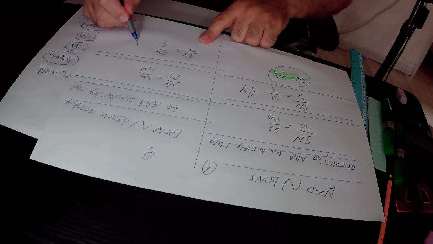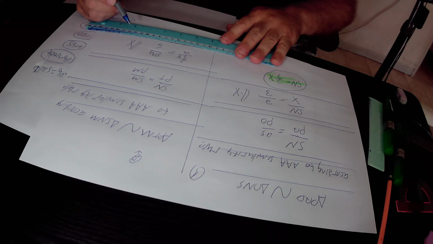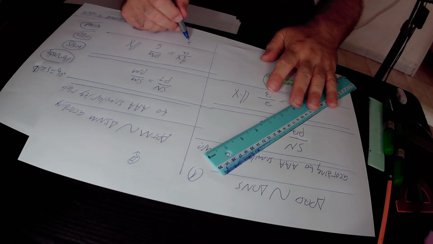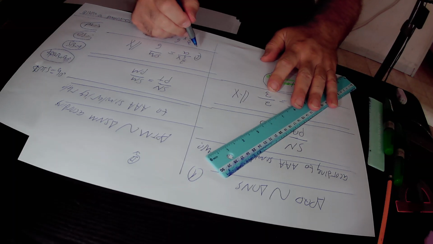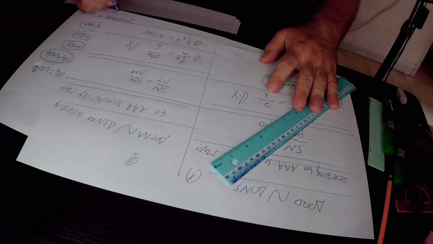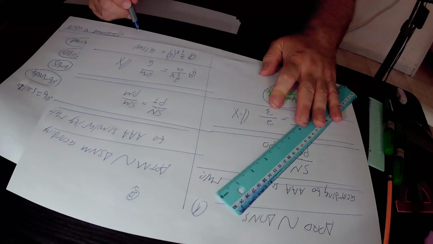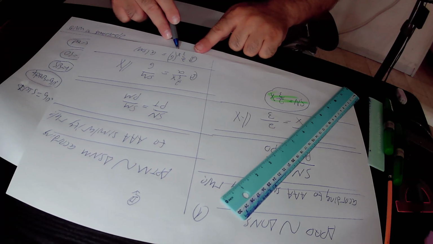Here we will first multiply this equation, and finally we get that 2/3 x times 6 equals a SM. This is equation 1. In equation 1, we found out that 2/3 x times 6 equals a SM. Here we have 6 over 3 is 2, and 2 times 2x is 4x.